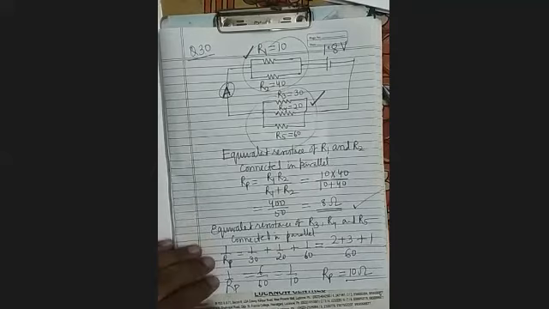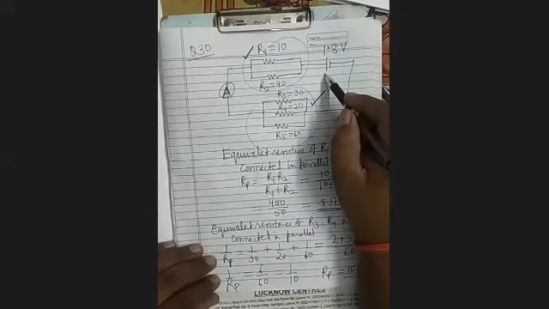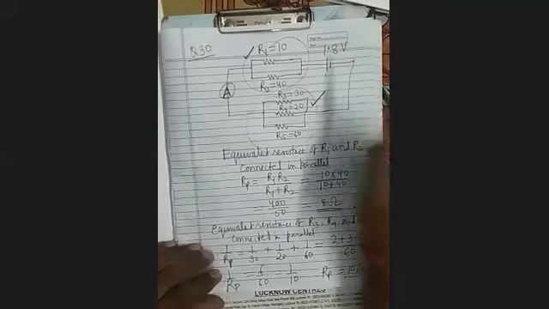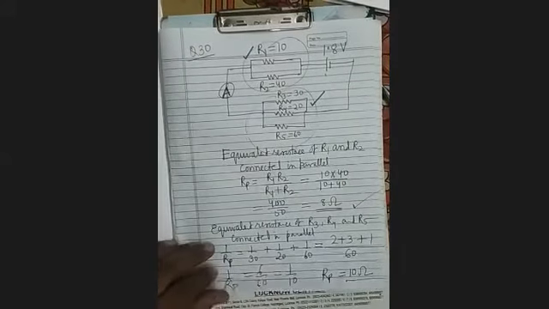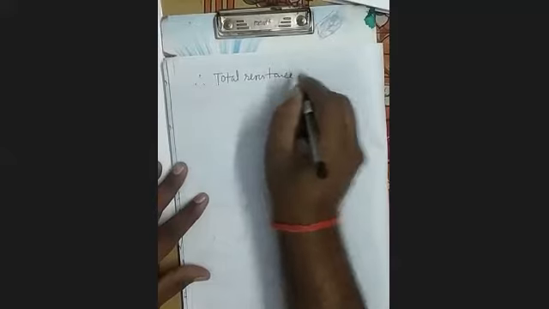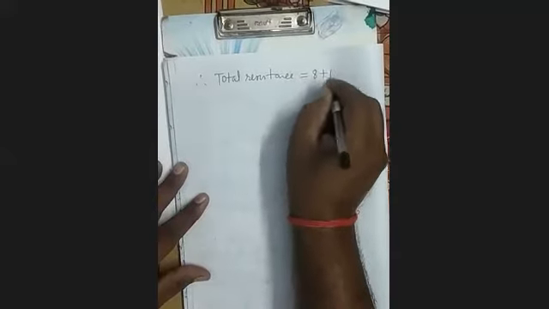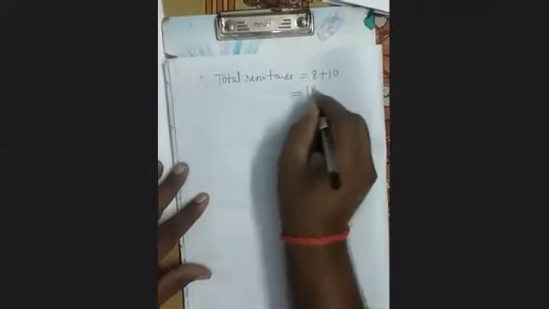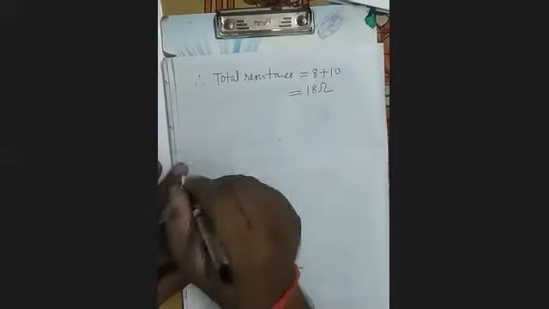So what is the total resistance here? Because in the cell there is no internal resistance, it is not mentioned here, therefore there is no internal resistance. So total resistance is 8 plus 10, 18 ohm. It's clear?